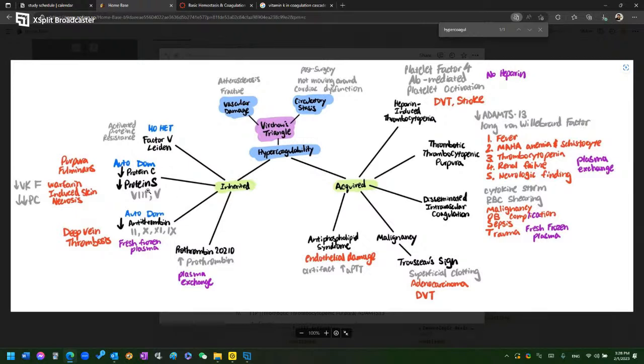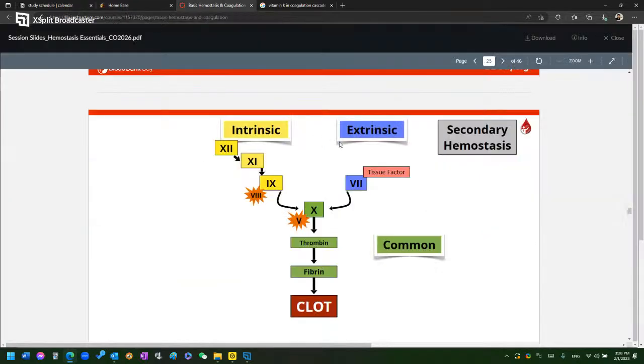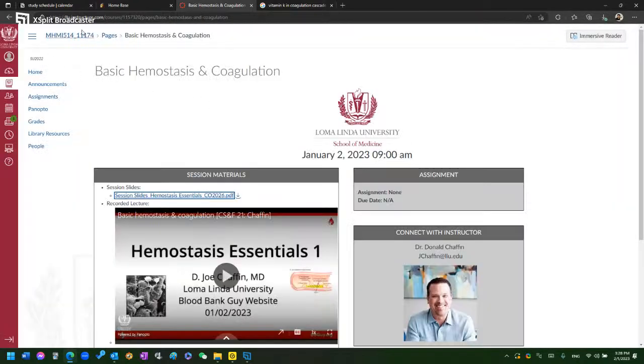And what happens in warfarin? Actually, I have to pull that up.